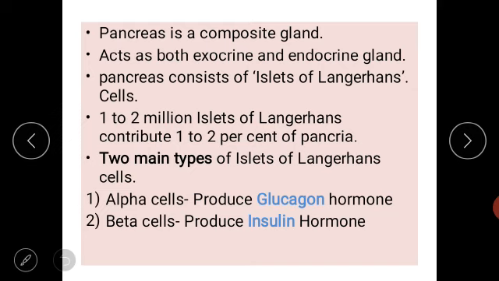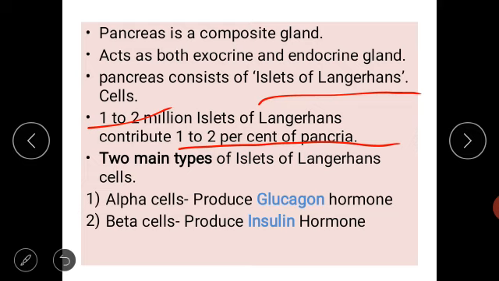Pancreas consists of islets of Langerhans; 1 to 2 million islet of Langerhans cells are there in the pancreas, contributing 1 to 2% of the pancreas. So that is the population of islet of Langerhans cells in the pancreas.